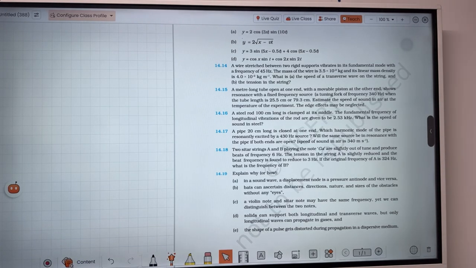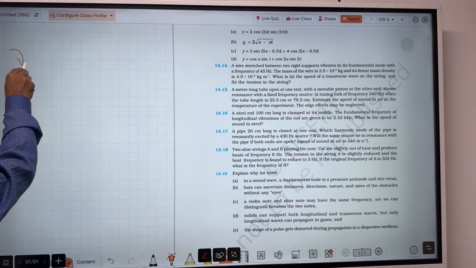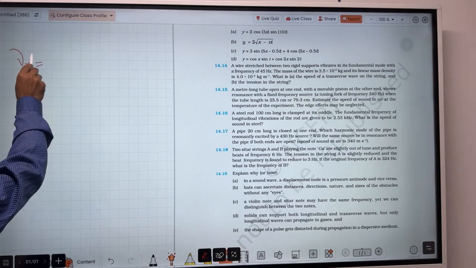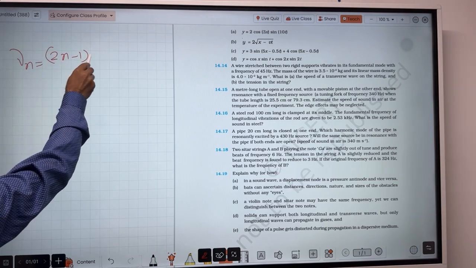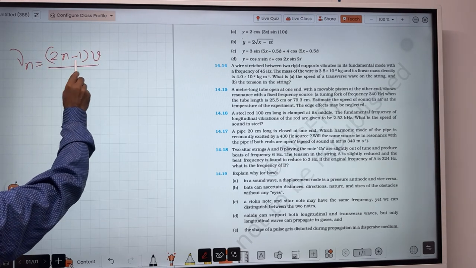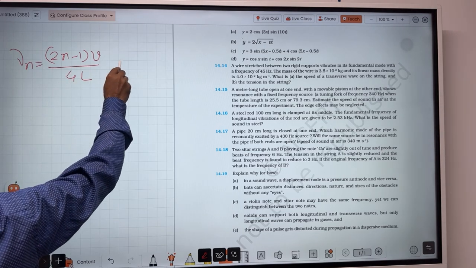So in this question, we have to consider different points. The frequency of the nth mode we can write as nu n is equal to (2n minus 1) times v divided by 4l, right?